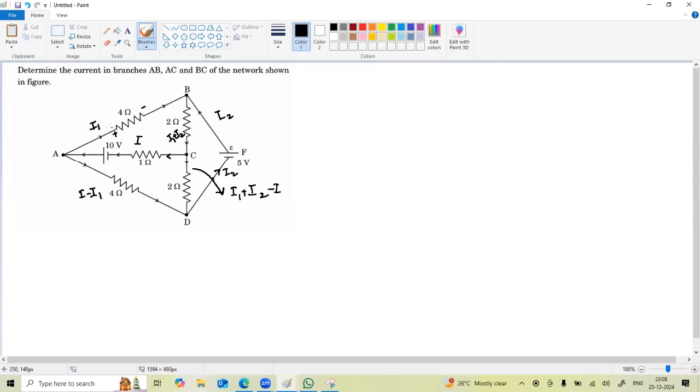Since the current direction is given, the entering point is plus, the leaving point is minus. Here the current enters from A to the resistor, so plus, and leaves from the right end, minus, to B. For CD, current is coming from the top, plus, and leaves from the lower end, minus. From B to C, the top end is plus because current is entering, the lower end is minus. For a cell, the longer terminal is plus, the shorter one is minus.